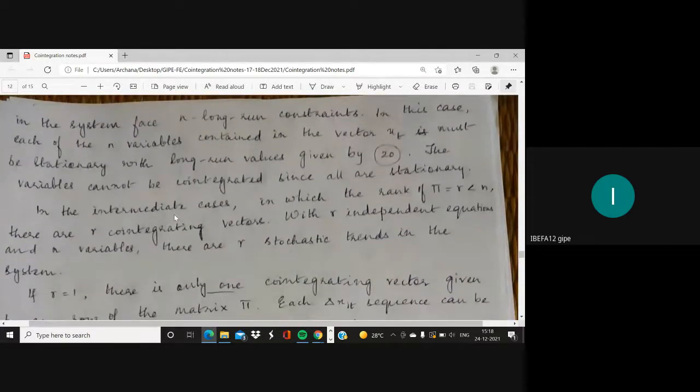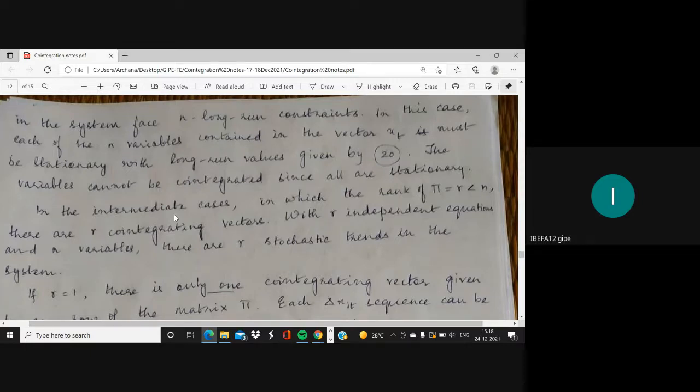So two conditions for co-integration are not satisfied here. For co-integration, you need the variables to be integrated of the same order. Again, you need them to share some sort of an equilibrium relationship. So here, each of these variables seems to be evolving independently in some sense.